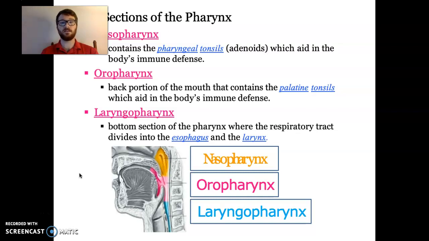The oropharynx contains the palatine tonsils, but really it only has 2 tonsils, whereas the air breathed through your nose goes through 6. The laryngopharynx, the bottom section, divides into the esophagus and the trachea, it should say. And that's the laryngopharynx.